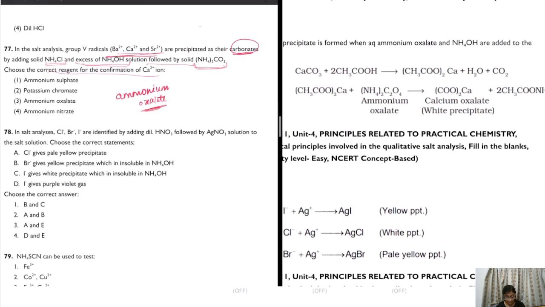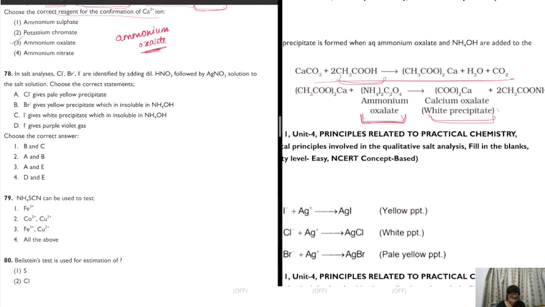So first of all, we convert it into acetate. We do that by adding CH3COOH, and this is the reaction that takes place. Then upon adding ammonium oxalate, what happens? We get calcium oxalate, which is a white PPT. So that is why ammonium oxalate is the reagent. It gives a white PPT.